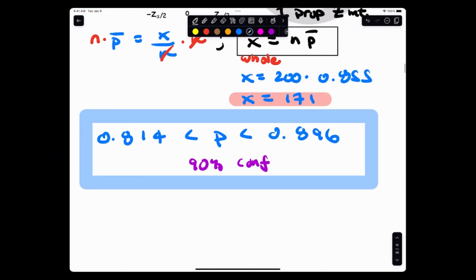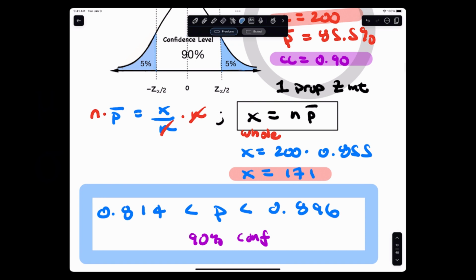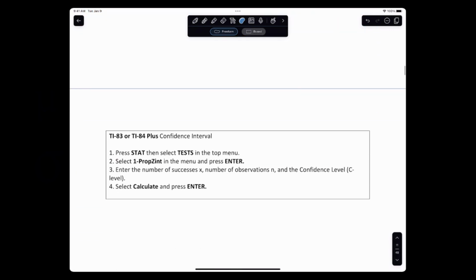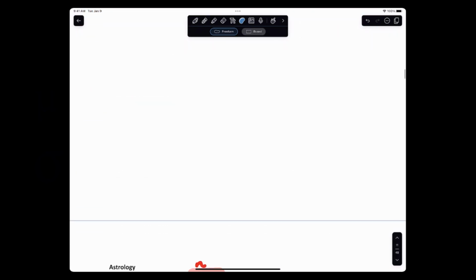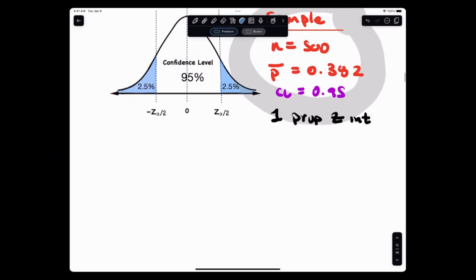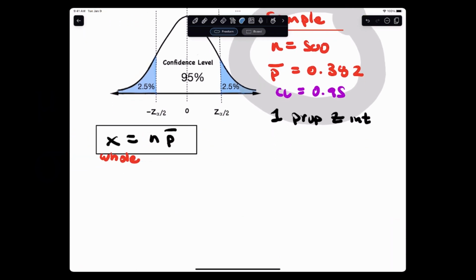I did a little algebra, not a lot. X is NP. I've got to find X. How do we get that X value?